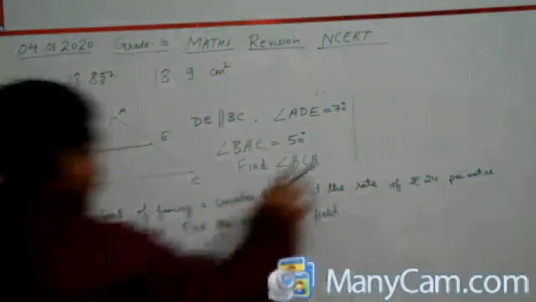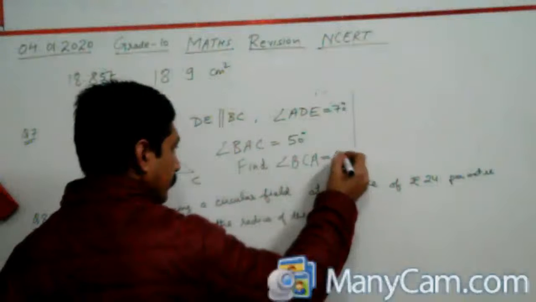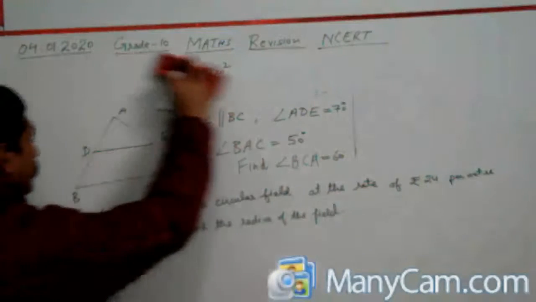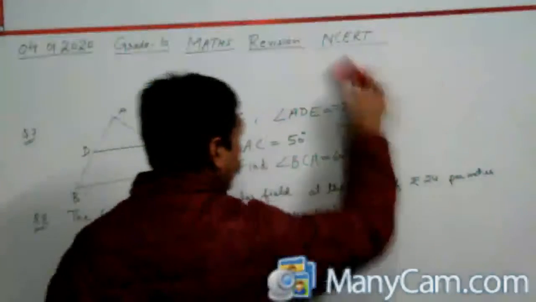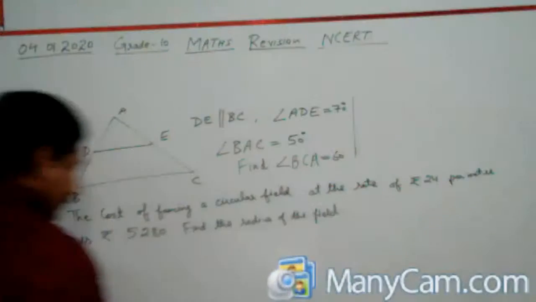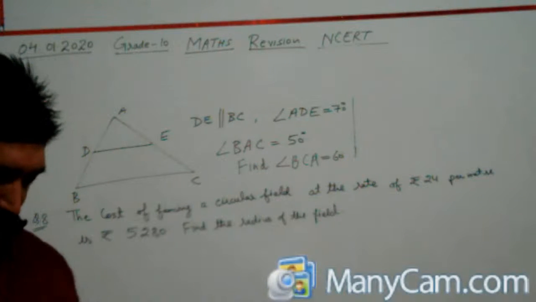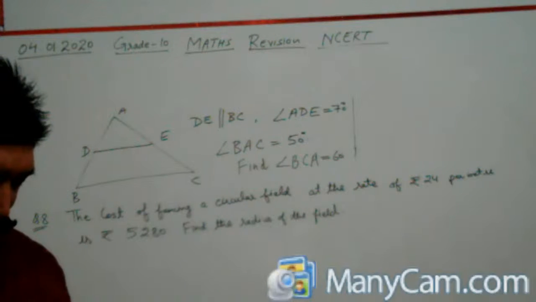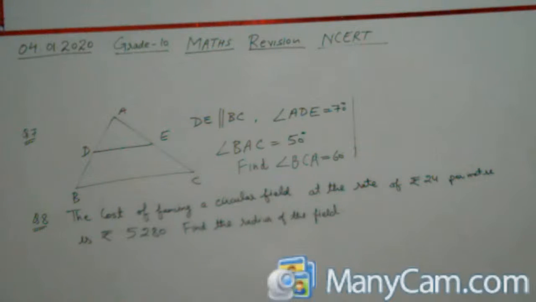Question number 7 is saying the angle is 60 degree. Let's discuss this question also. Okay, DE is parallel to BC.